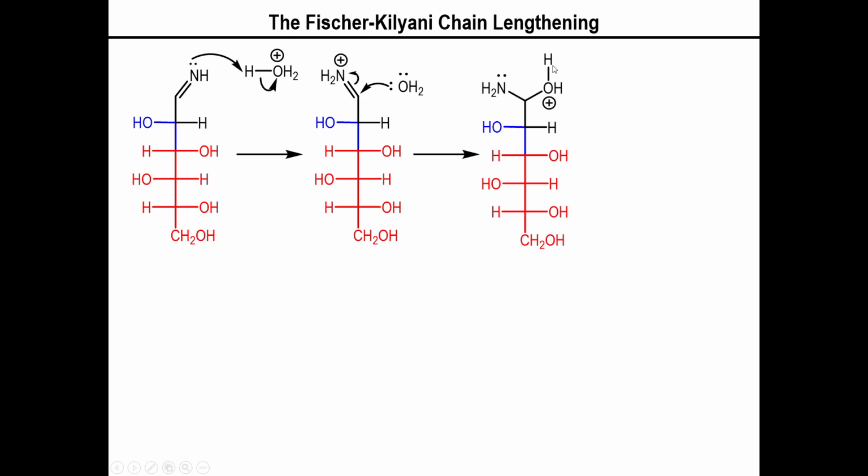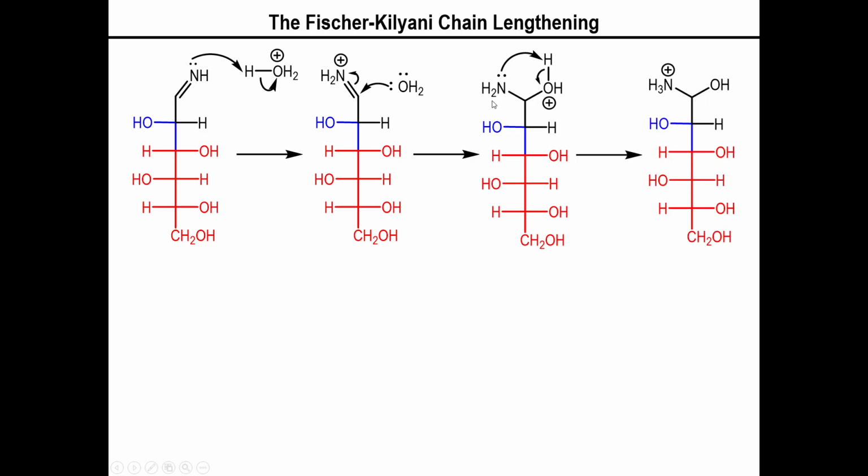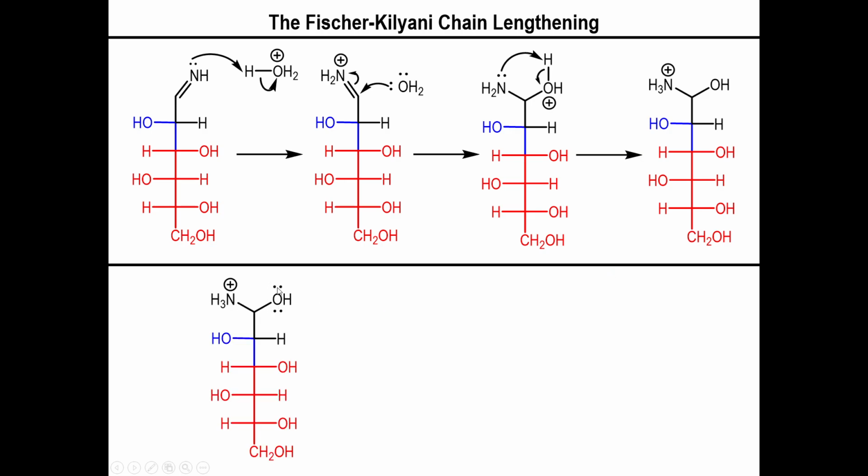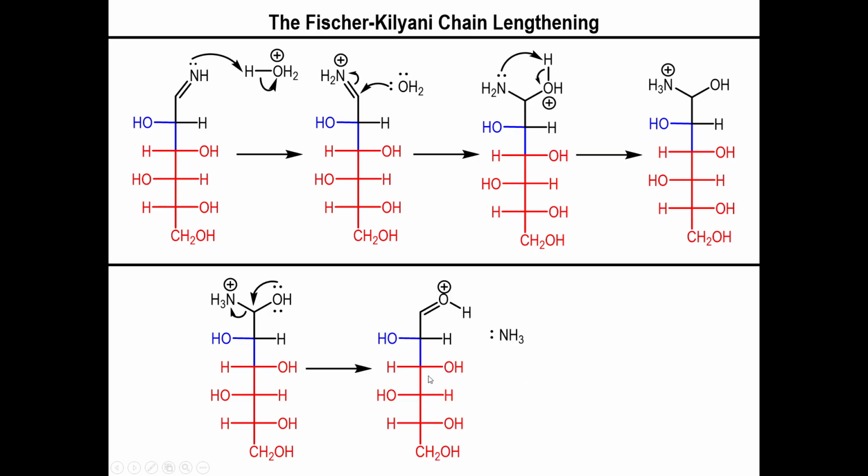Pretty much you have a proton shuffle event where the proton on the oxygen is now going to be given to nitrogen. So now you'll have oxygen becoming neutral and the nitrogen now becomes cationic. And not only that, but that nitrogen is now a good leaving group. So the neutral oxygen with its two lone pairs uses one of them to attack that carbon, form a double bond, and in the process kick away your amine, or technically ammonia, leaving group in this case, right?